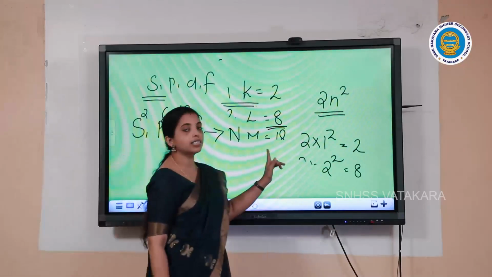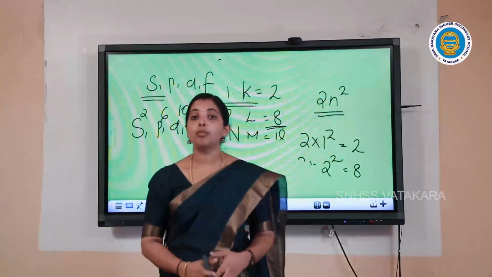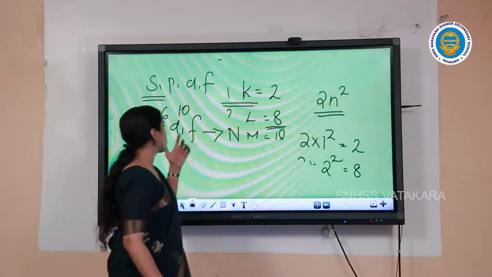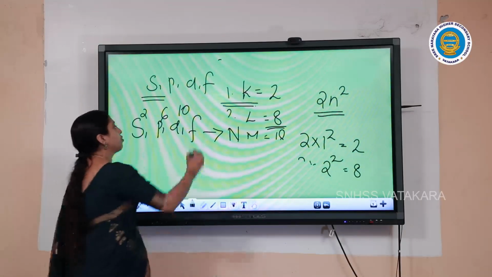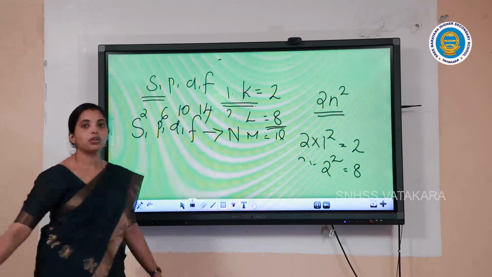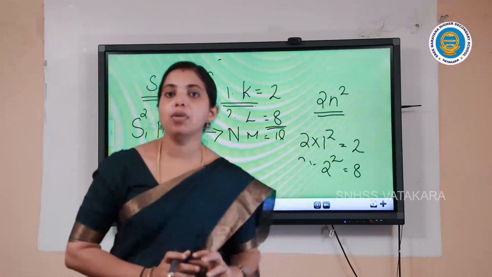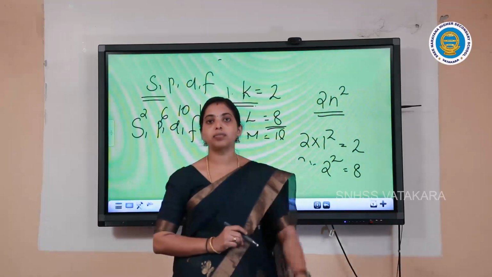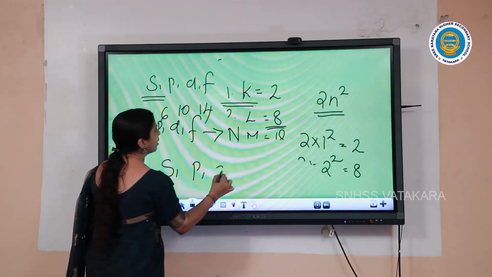For N shell, how many electrons are there? 32 electrons. So how many more electrons are possible here? 14. Very good. Then how many electrons can be accommodated in each subshell, that is S, P, D and F?